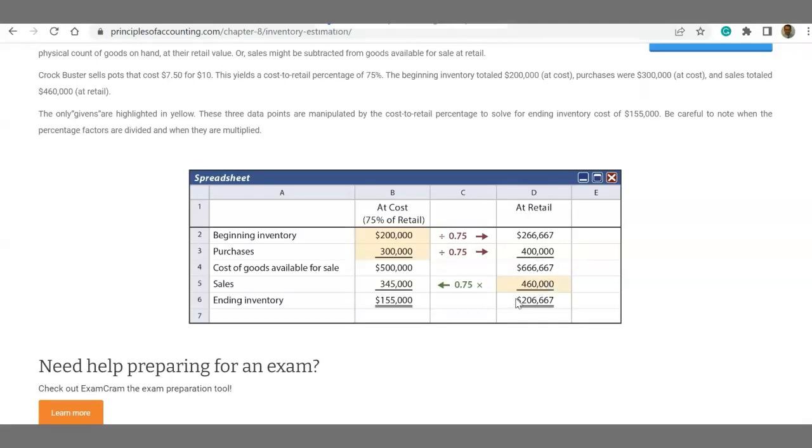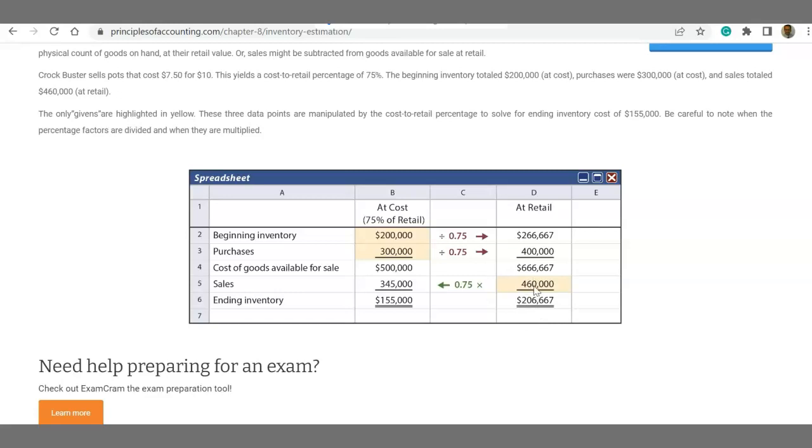However, we know that our sales were $460,000. That's it. We know that. We have a record of that. Okay, so 666 minus 460 gives us $206,000 at retail, which is good.